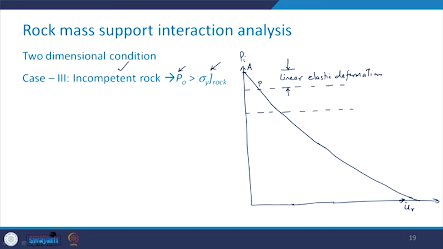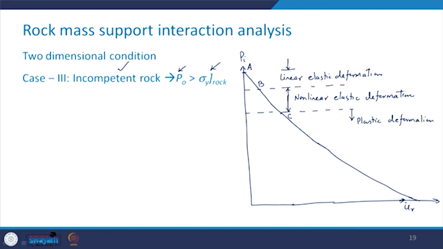However, from this point B to this point C, this much is non-linear, but it is still in the elastic range. So, it is non-linear elastic deformation. But what happens beyond C is the plastic deformation.